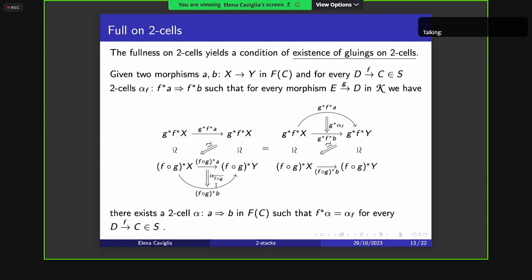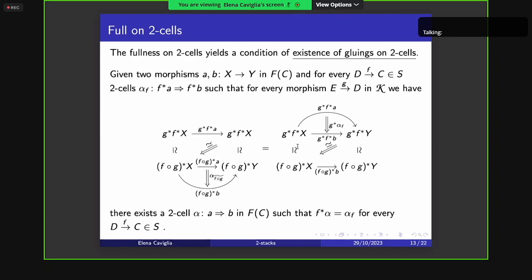And why I put this tilde, it's because we have seen that the bi-sieve is closed under precomposition only up to isomorphism. And so by F composed with G tilde, I mean the morphism which is isomorphic to F composed with G and is in the bi-sieve.